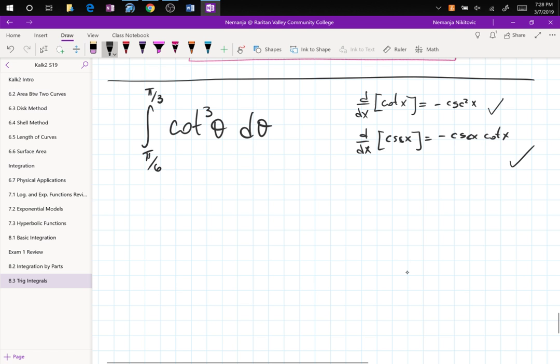Now, I hope you see that if I break the cotangent cubed theta into cotangent times cotangent squared, we can use the Pythagorean theorem to create cosecant squared, and then we would have the bank for our du.